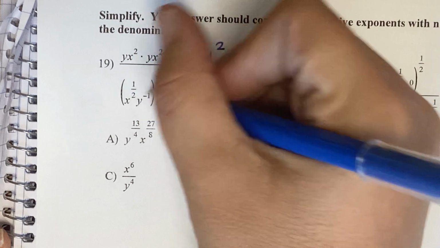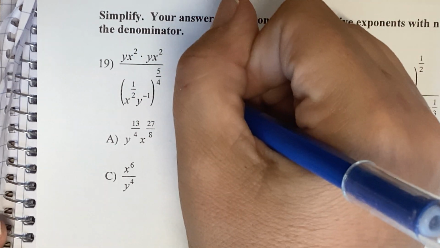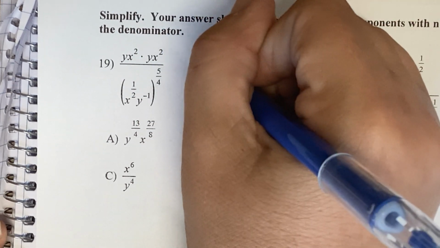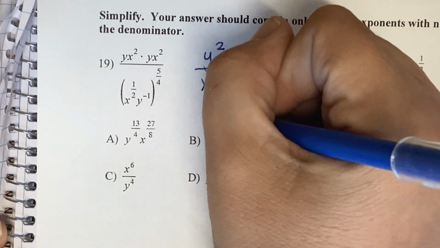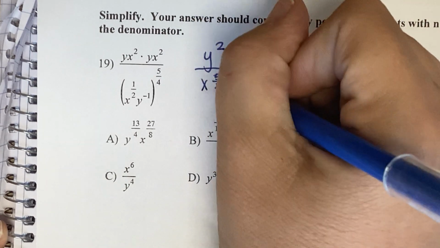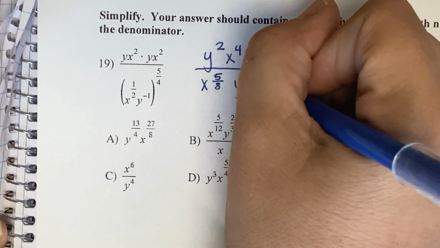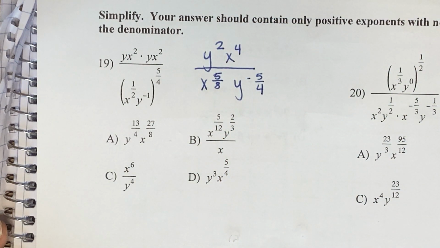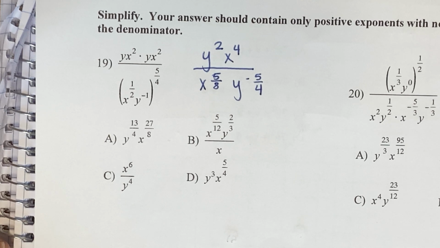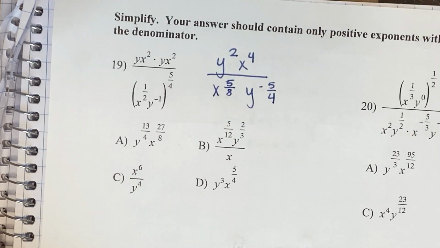On the bottom, 1/2 times 5/4 is 5/8. Y to the negative 1 is y to the negative 5/4. If only it were this simple and we could stop, but we can't.